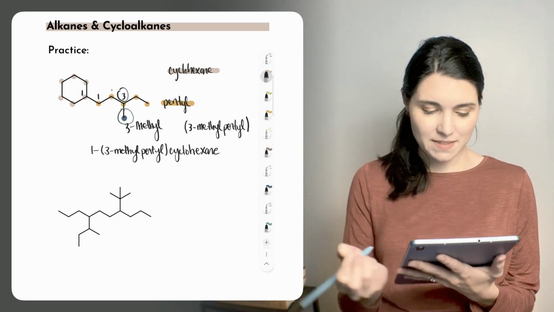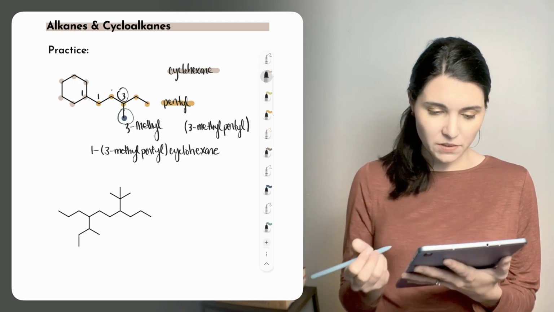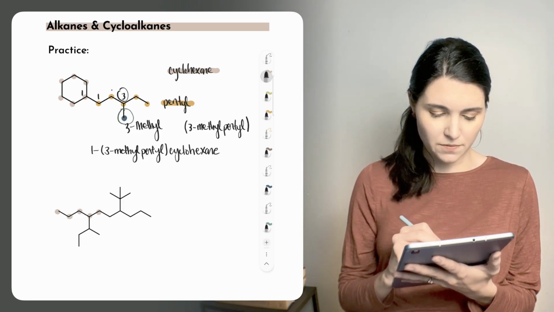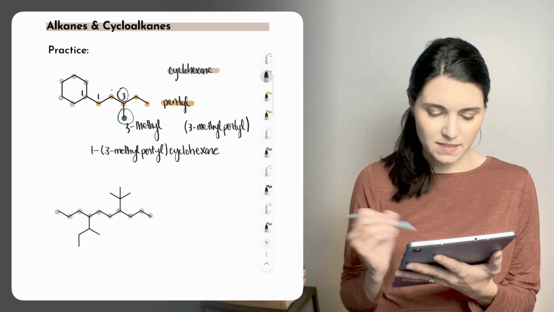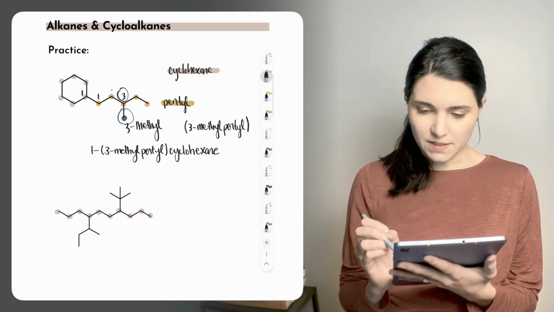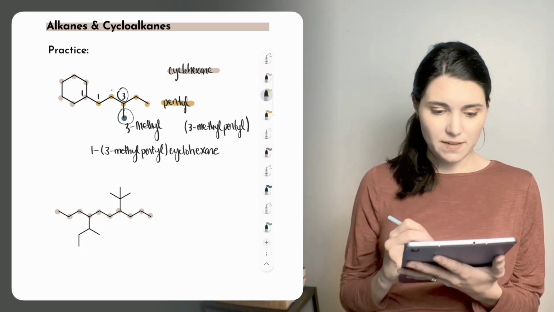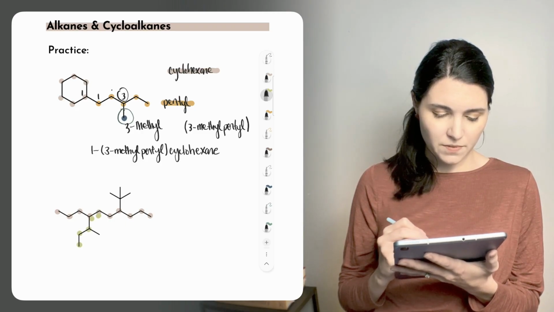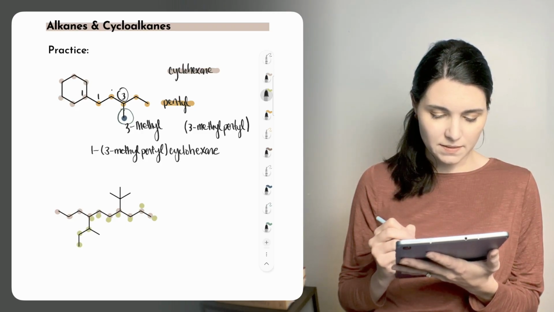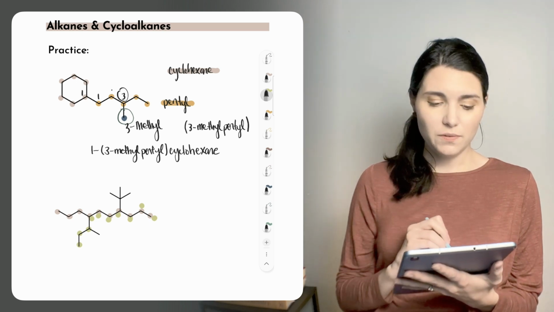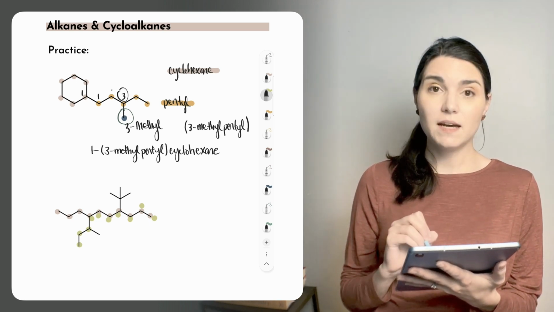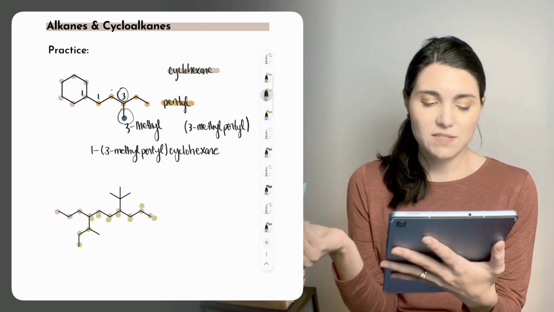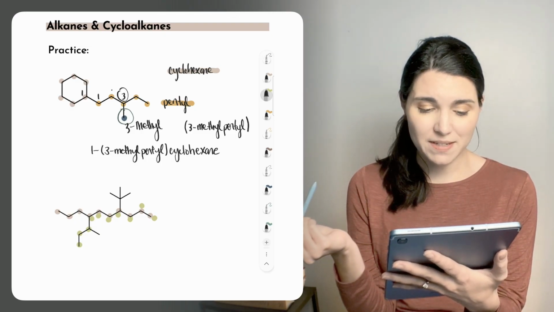All right, the next example, let's look for the longest chain. So we'll start here, 1, 2, 3, 4, 5, 6, 7, 8, 9, 10. Let's look starting down at the bottom to make sure that we get the right chain. 1, 2, 3, 4, 5, 6, 7, 8, 9, 10. Okay, so we could follow the pink dots to get a decane, or we could follow the green dots to get a decane. So which one do we choose? We have a choice.